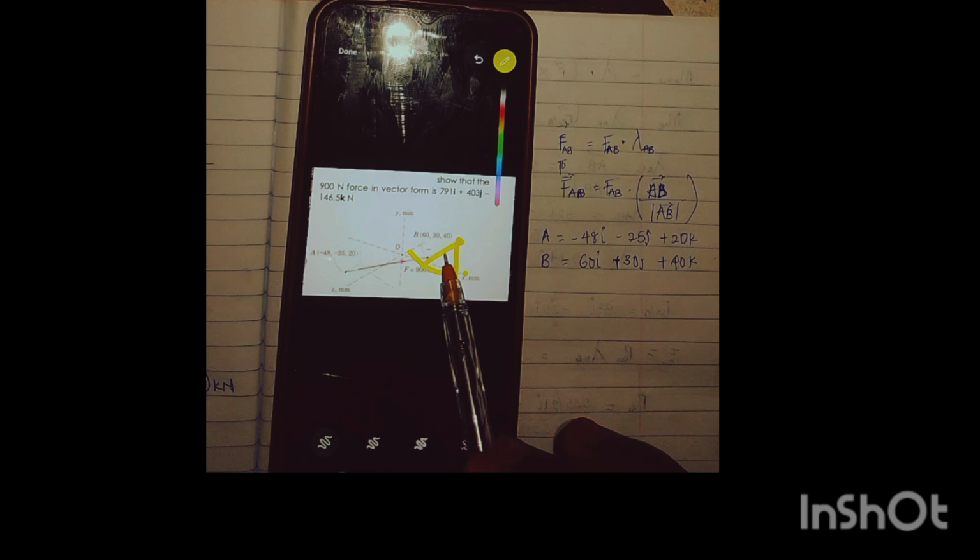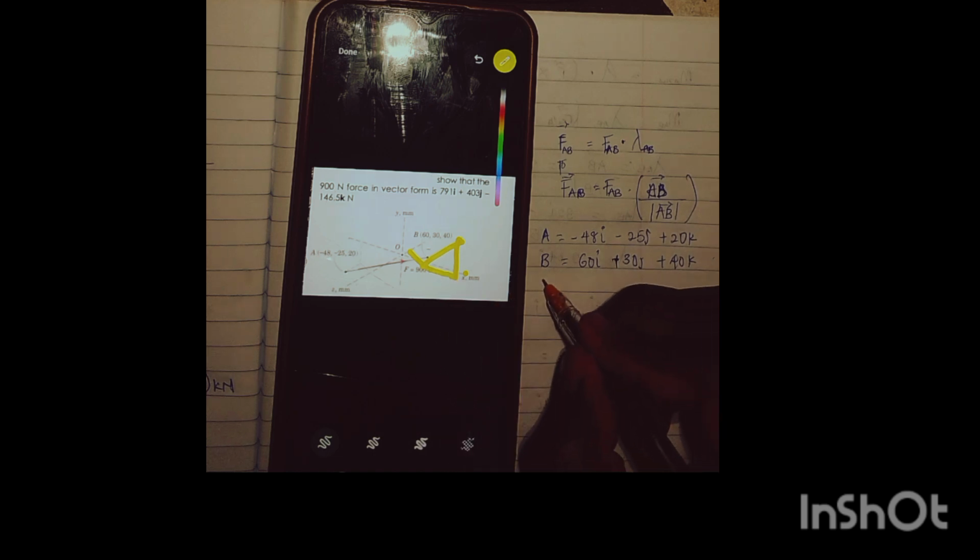So if you now want to go from A to B, we know the distance from A to B is the same thing as B minus A. Are we good?